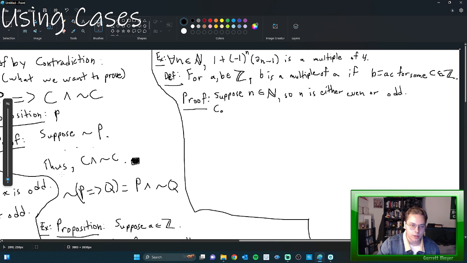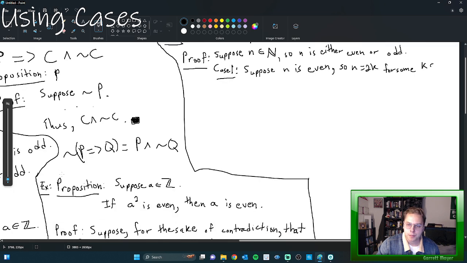So our first case, we're going to suppose that n is even. So n equals 2k for some integer k.